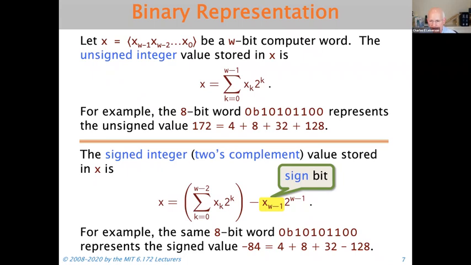But you can add and subtract them the same way as unsigned integers, as long as there's no overflow, which is what we call it when your result can't be represented in the finite range. For example, you should watch out if you're trying to negate minus 128, or in general, whatever the high bit is. Instead of getting 128, you're going to find that negating minus 128 gives you minus 128 again, which is the wrong answer.